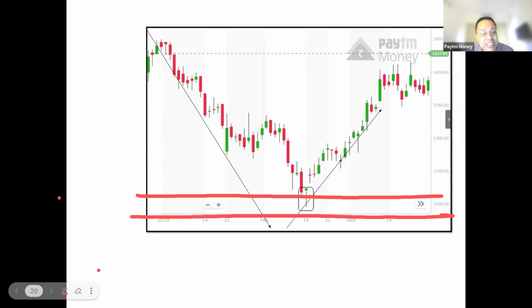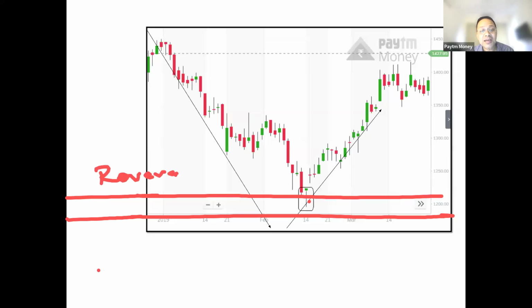Suppose this is a demand zone, its origin is somewhere here, and price has come here, touched the demand zone and formed this candle. So this is a reversal confirmation. Okay? It is now showing that yes, the buyers are finally emerging.